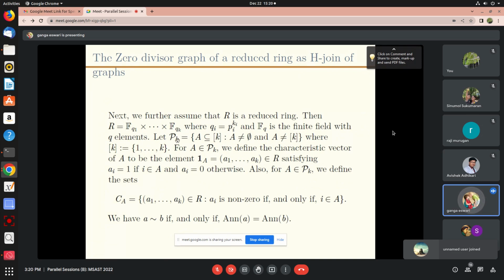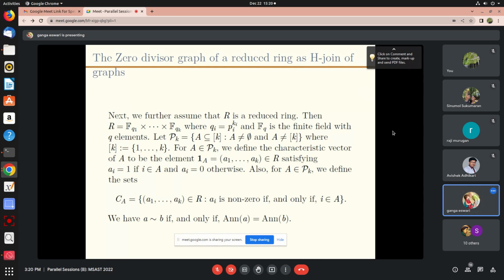Consider this set rho of k. Rho of k is the set of all proper subsets of the set bracket k. Bracket k is the set containing 1, 2, 3 up to k. We define a characteristic vector for every element A belonging to rho of k. 1A is the characteristic vector. 1A is the k-tuple in R as a1, a2, up to ak, where ai is 1 if i belongs to A and ai is 0 otherwise.